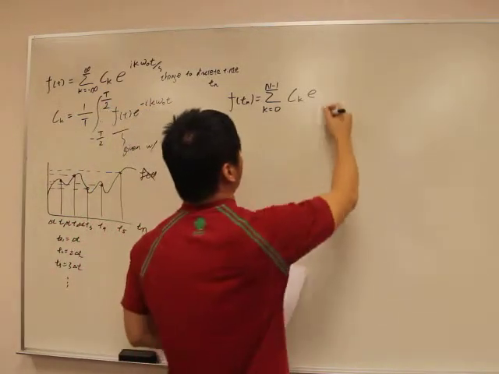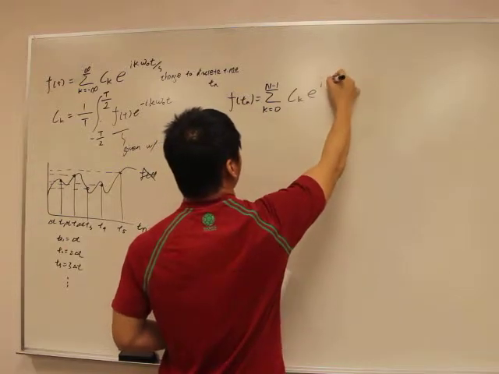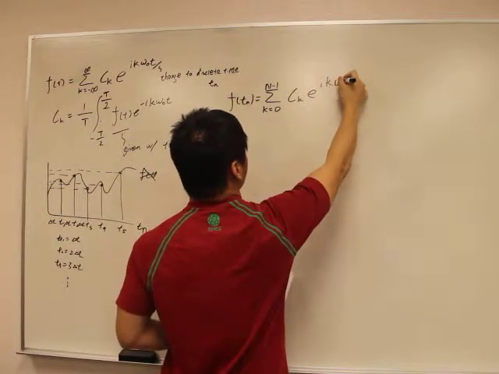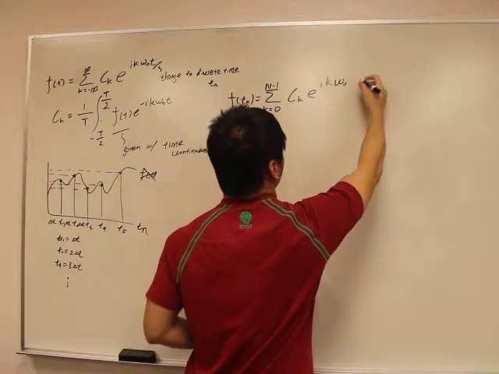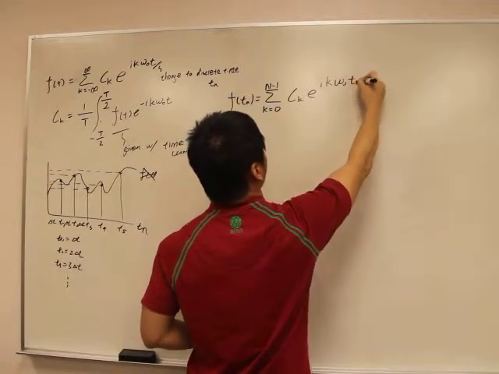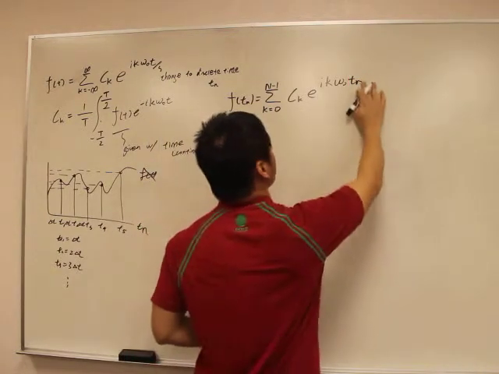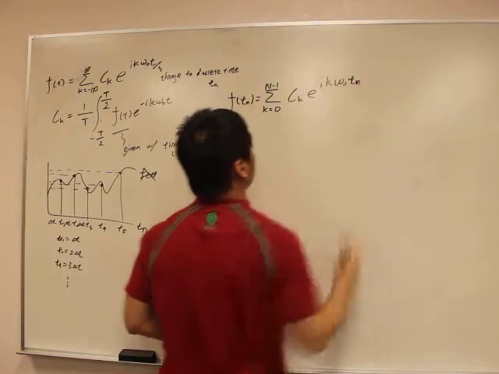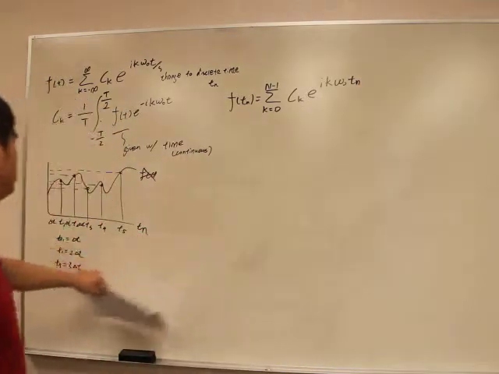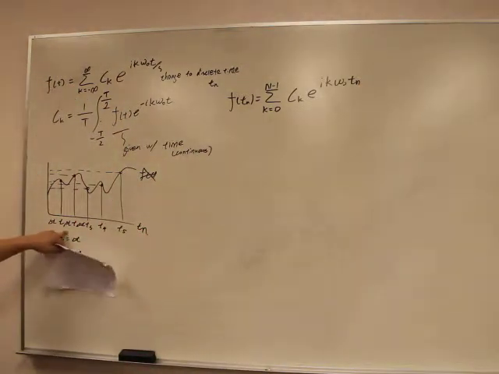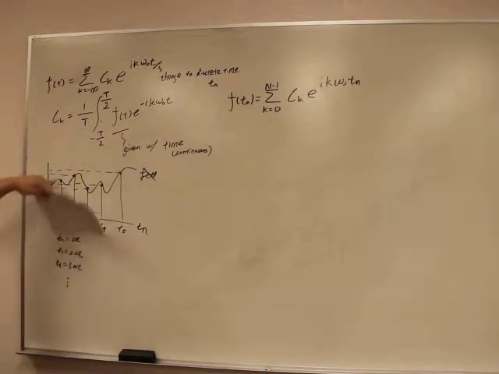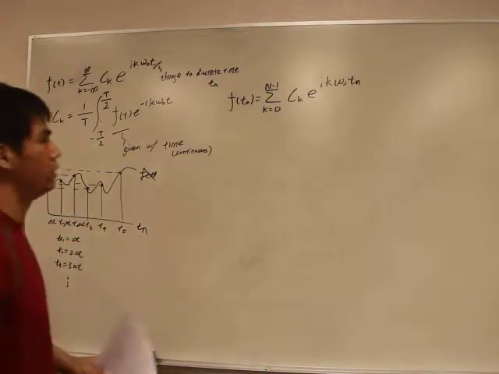So we have the Fourier series in discrete form, which can be written as e to the ik omega naught t_n. Well, this is bad. t_n is just the points at which we measure the value of the actual function.